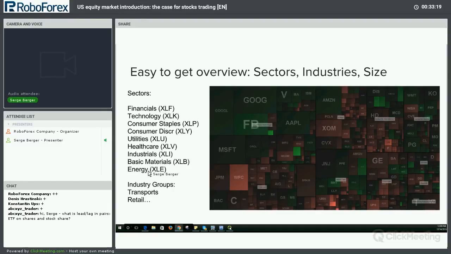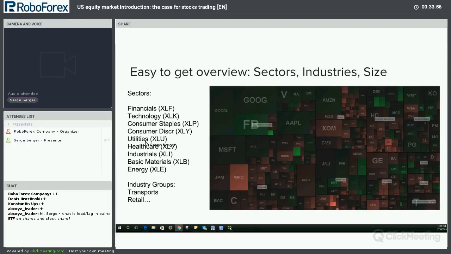Now, these are 9 sectors, 9 ETFs that I made, because there is one sector that actually doesn't have its own ETF, or it's not worth doing, and that's the telecommunications sector. So for all intents and purposes, what you want to focus on first and foremost, if you want to break down the US stock market, in my opinion, is looking at the different sectors. So you have financials, technology, consumer staples, consumer discretionary stocks, utilities, healthcare, industrials, basic materials, and energy stocks.